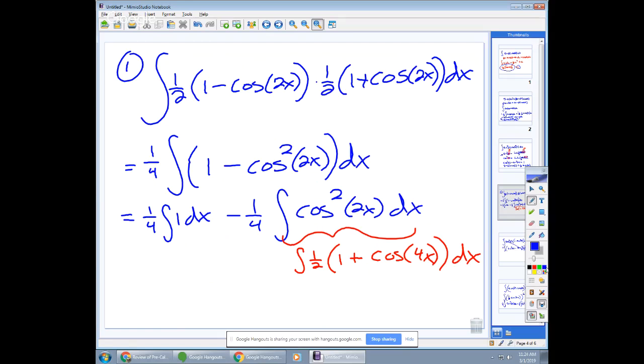So this one here, let's see, I'm going to get 1/4 x minus, I'm going to have a minus 1/4 times 1/2. Antiderivative of 1 is x. So minus 1/8 x. And then I'm going to have a minus 1/4 times 1/2. Antiderivative for cosine, sine.